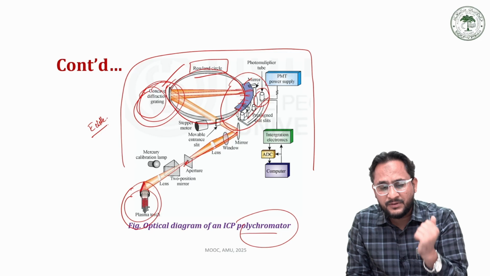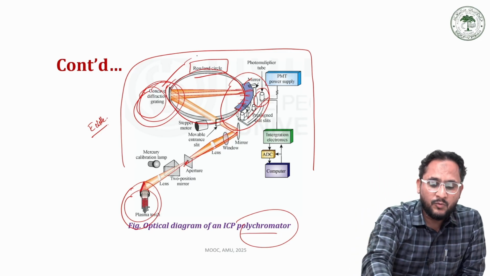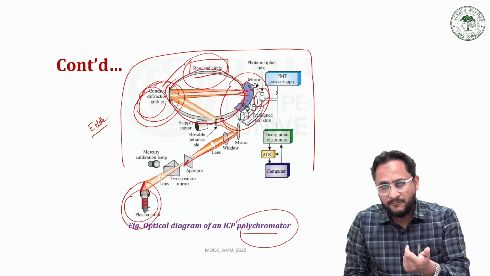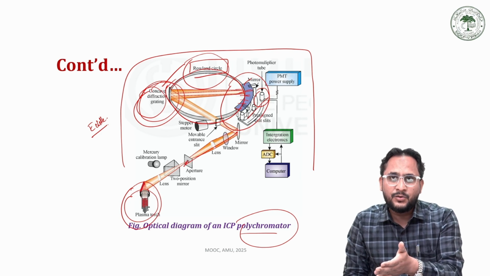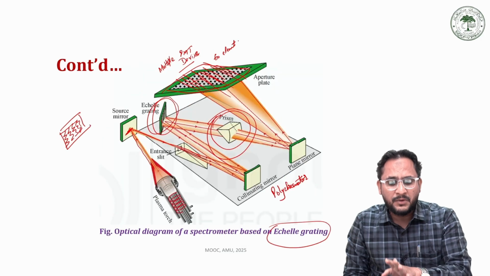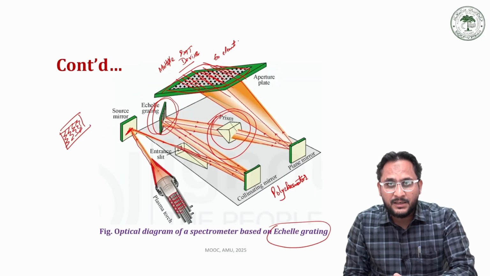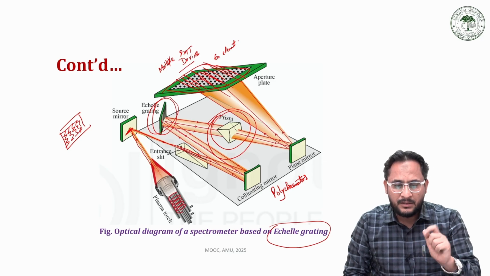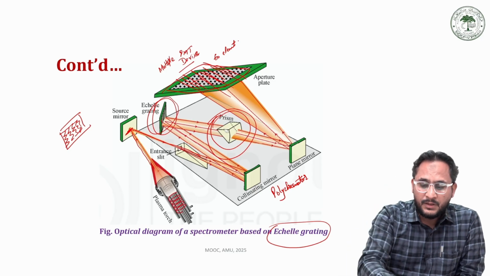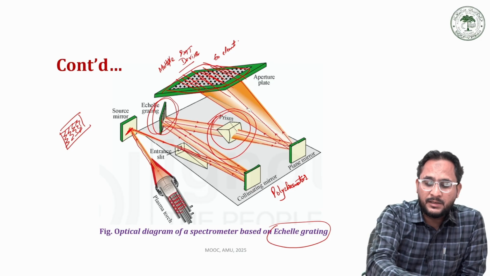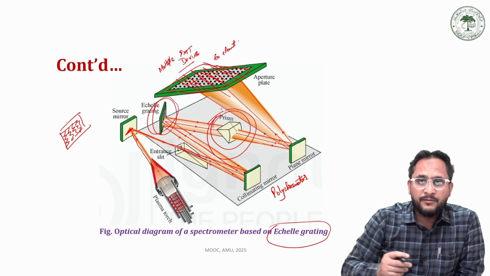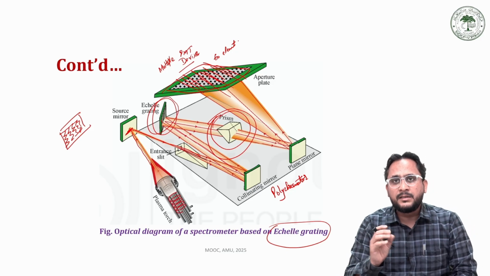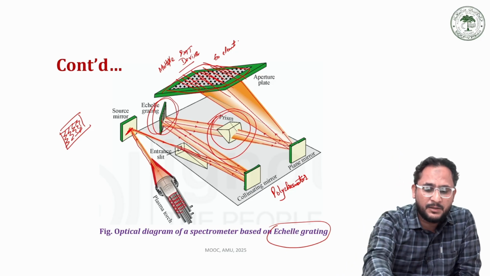In the case of the earlier combination, we have to move or rotate this Rowland circle to select different wavelengths coming from the multiple exit slits, so that multiple elements can be detected. But in this particular case, when we are using an axial grating and a prism, which narrow down the light radiation to an even smaller interval, it is reflected from the plane mirror, and finally there is a plate aperture where we have different holes which allow multiple light radiations to pass through simultaneously, and then we have multiple PMT devices.